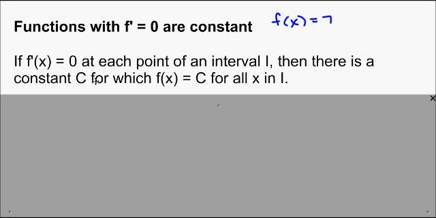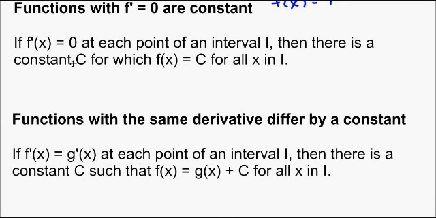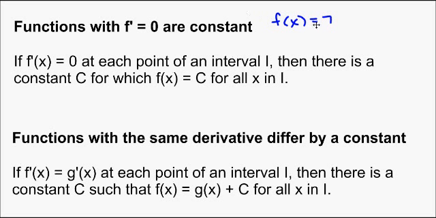If f prime of x equals 0 at each point on an interval I, then there is a constant c for which f of x equals c for all x in I. This is just going the opposite way. So instead of going from f of x equals 7 to f prime of x equals 0, you're moving from 0 to 7.